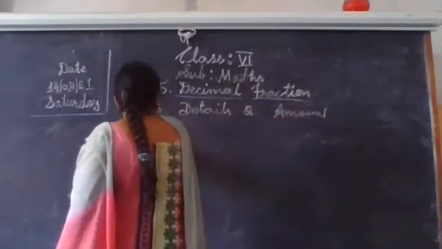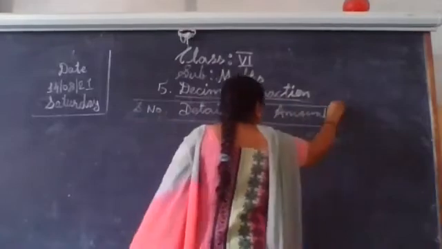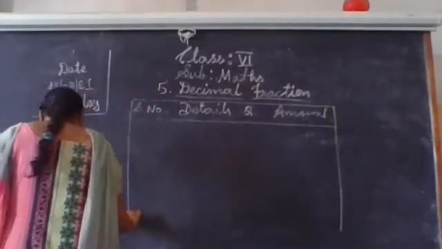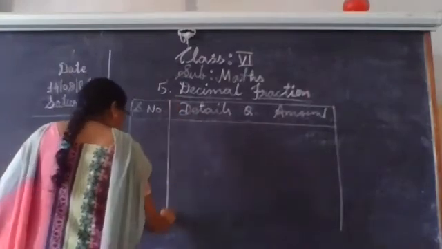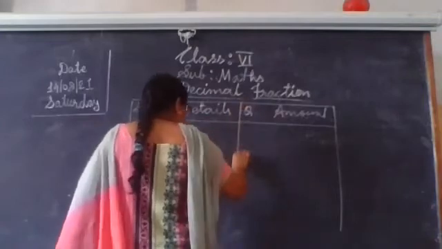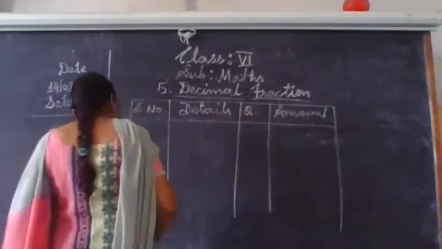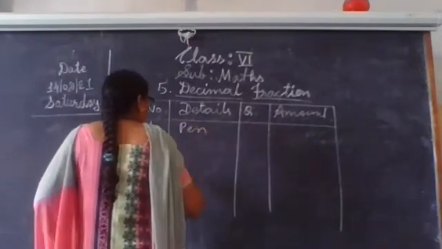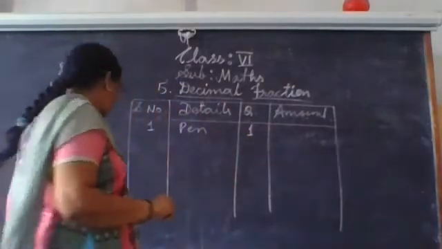Okay. And the first item is pen. Quantity, he bought one quantity of each.